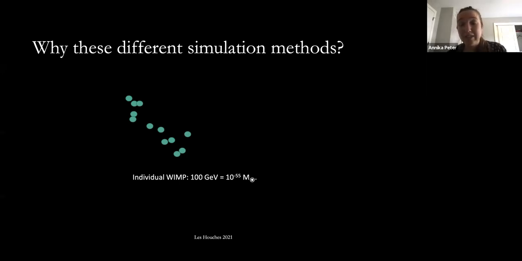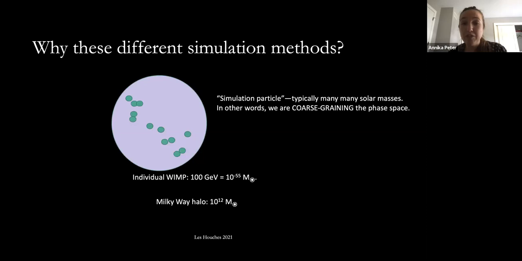Now, you're not going to simulate the orbits of those WIMPs individually. Instead, what we do is we think about a simulation particle. And when I talk about the resolution of a simulation, what I really mean is how big is that simulation particle compared against the size of a WIMP. So a simulation particle in the best zoom-in simulations has, at the very smallest, about 100 solar masses worth of dark matter particles represented by one simulation particle.